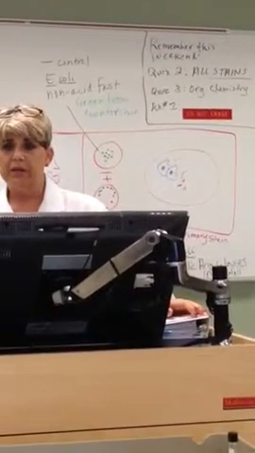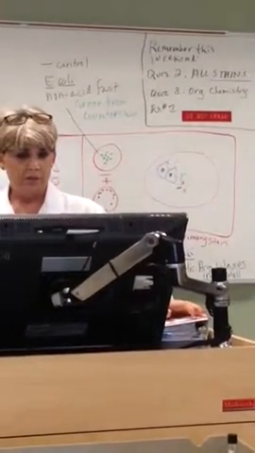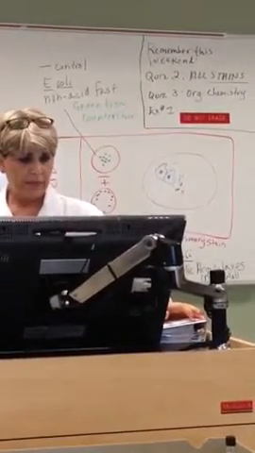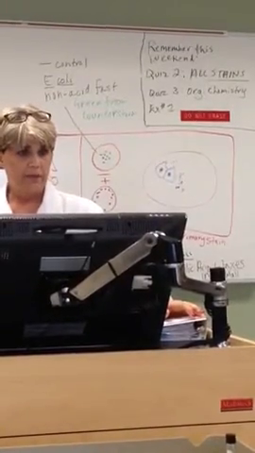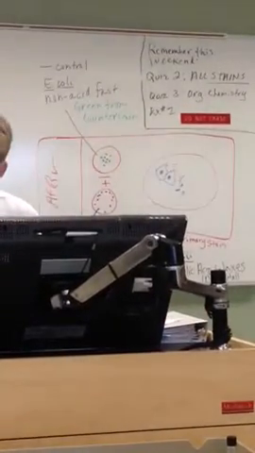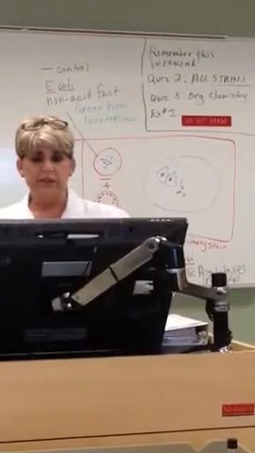Okay, let me just minimize that. There are two documents in here that will help you with this particular stain. One is the Acid Fast Stain Lab, and the other one is Staining Procedures.